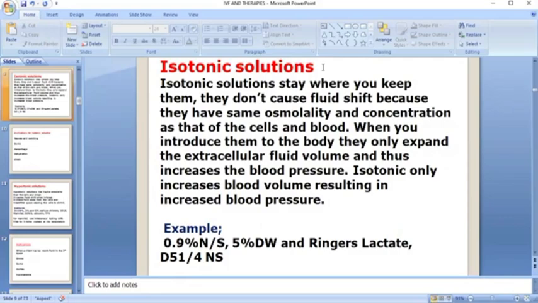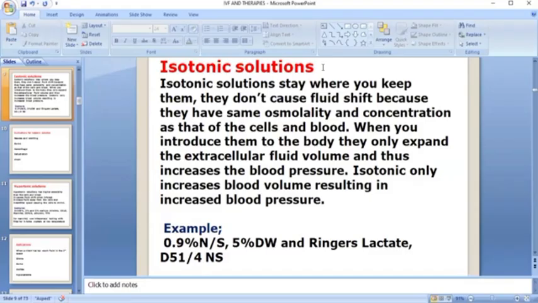Isotonic solutions. If you infuse isotonic solutions intravenously, they stay in the IV. We don't have movement here, unless there is what? Disequilibrium. They stay in the intravenous area. That is the site where they will be.